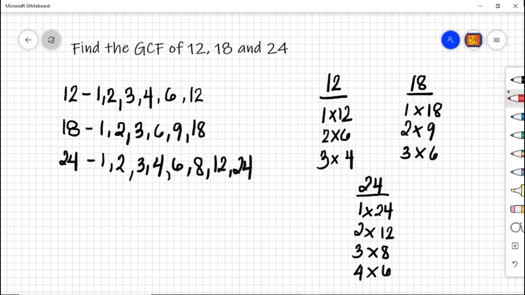So let's look for the common factors. 1 is a common factor of the three numbers. 2, 3. 4 is not, because 4 is common for 12 and 24 but not in 18. 6. 12 is not, 18 is not, and so now the GCF is 6. The GCF of 12, 18, and 24 is 6.